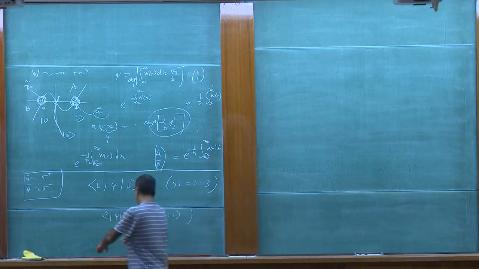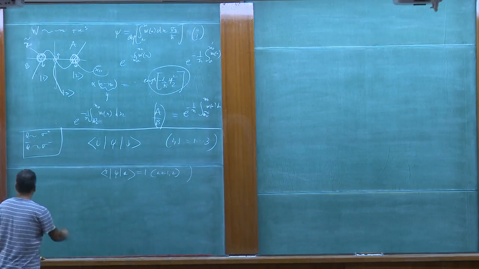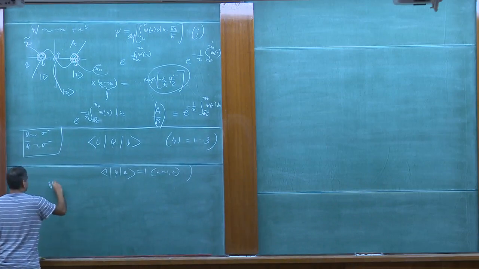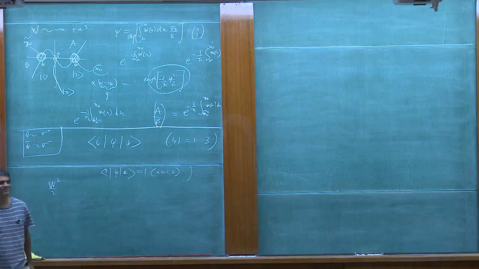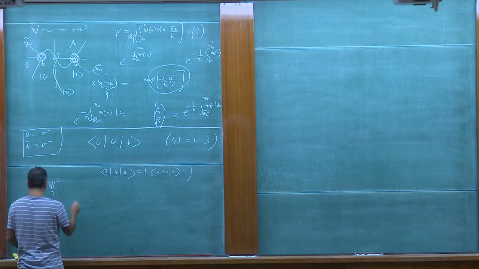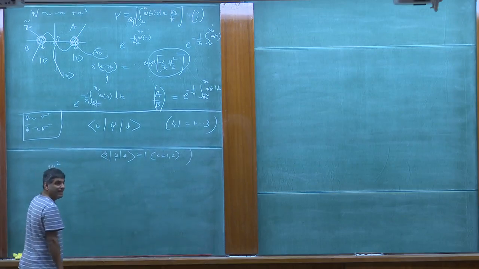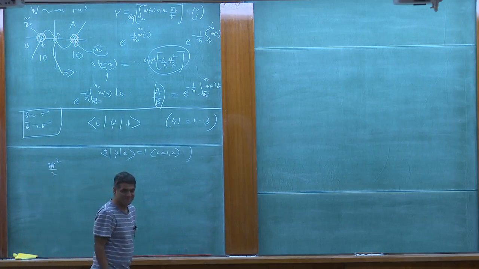The classical potential was W squared by 2. What we want in WKB is to compute the effective momentum and take the integral over distance.